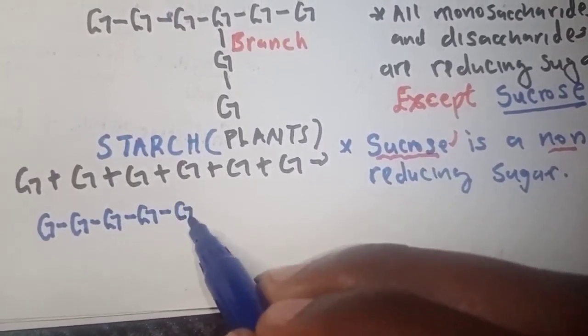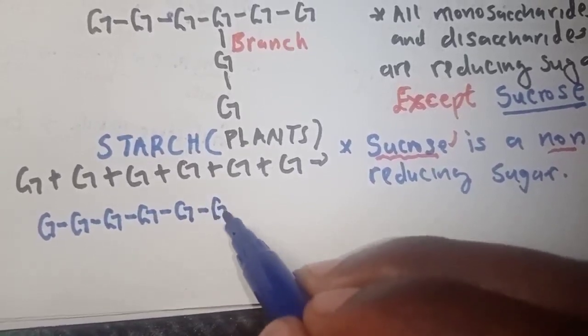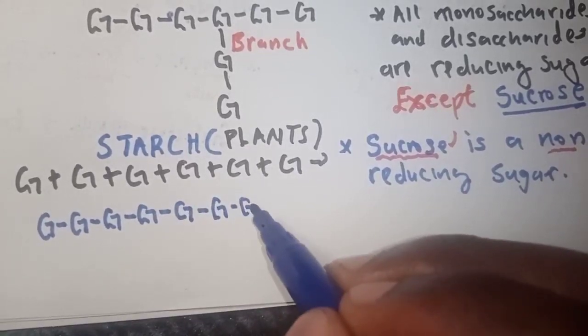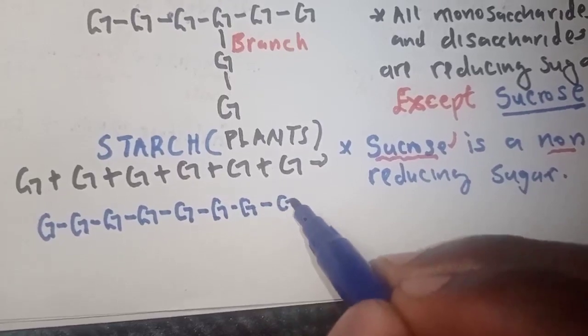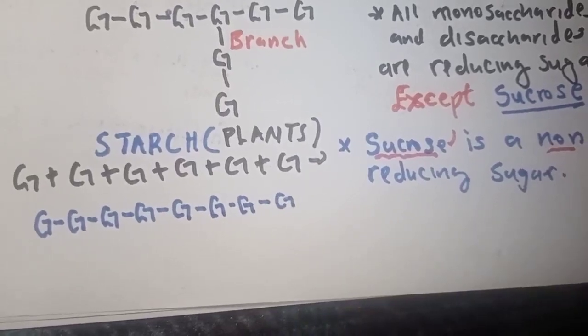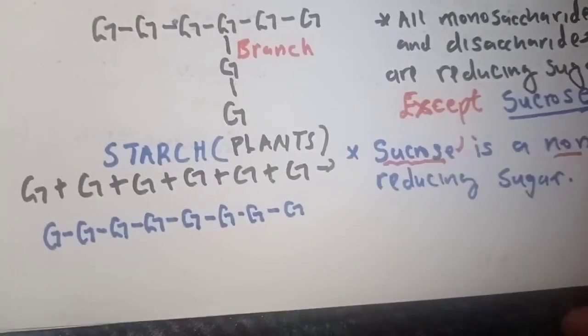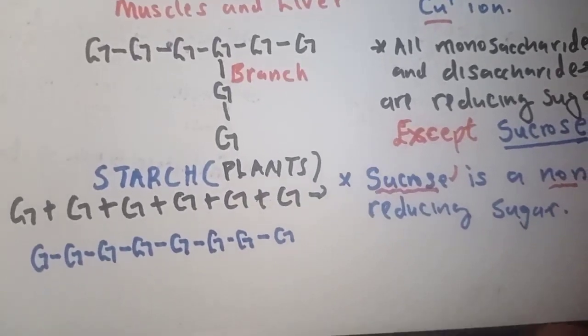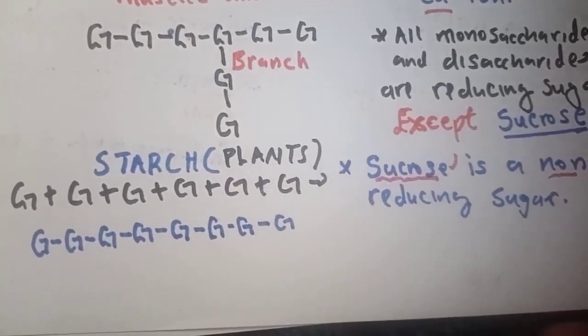Now in starch, you'll notice that it does not form any branch. Glycogen here formed a branch, but starch does not form any branch.